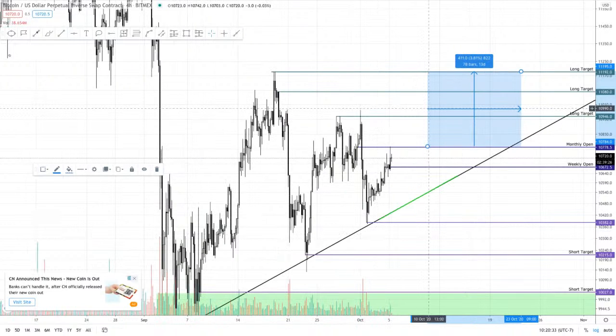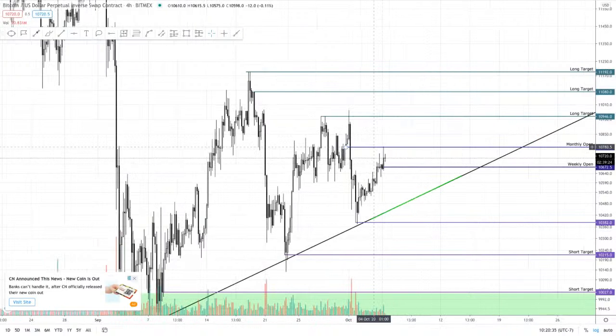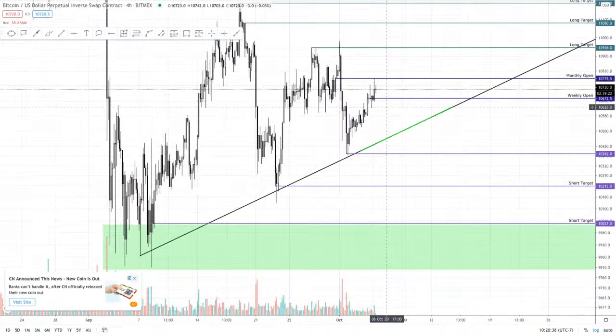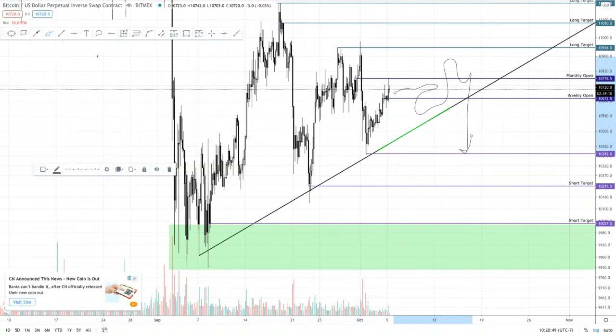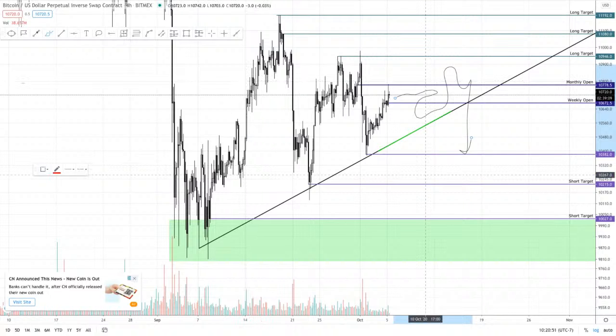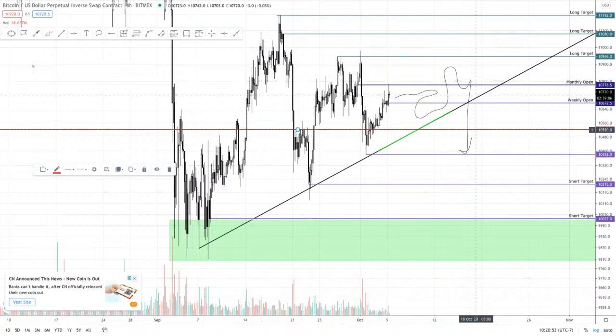But it could just continue chopping around before it honestly makes a move. So it could play around in here and break, something like that. I don't think it'll just go straight to target.